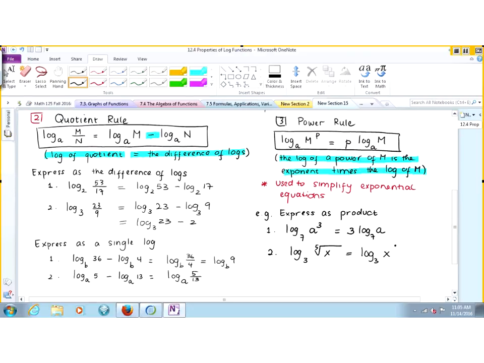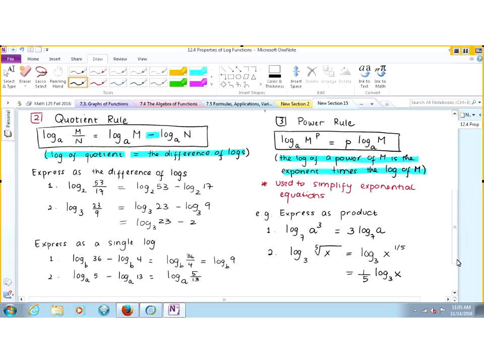So this is log base 3 of x to the 1 over 5. The power is 1 over 5, so we bring it down. This is 1 over 5 times log base 3 of x. That's it.